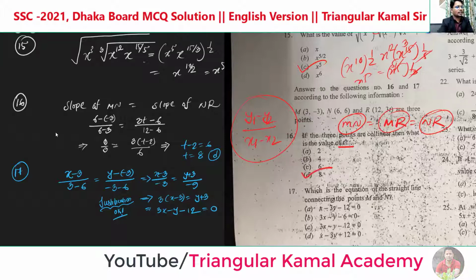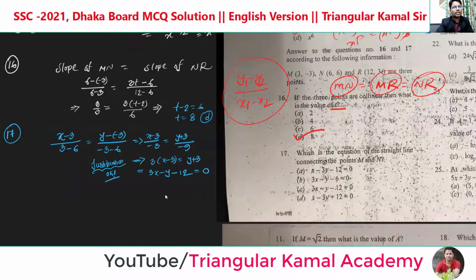and this is D. Now next question, which is the equation of the straight line connecting the points M and N. So this is the connecting point, this is M, this is N. So just write the formula: x minus x1 divided by x1 minus x2, equals y minus y1 divided by y1 minus y2.